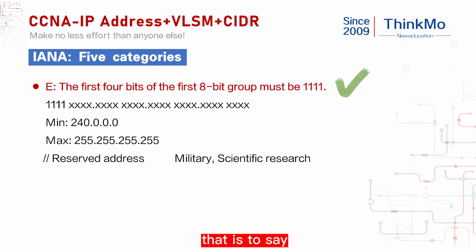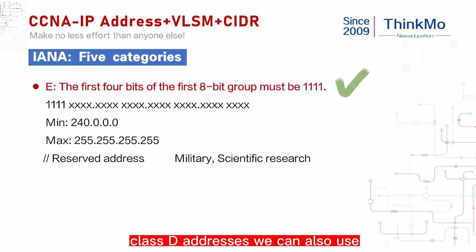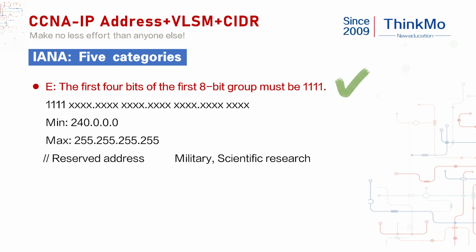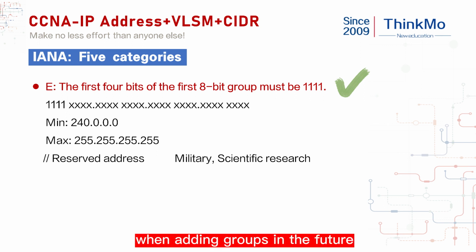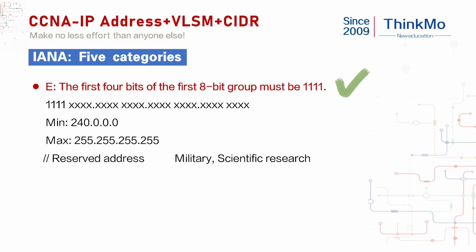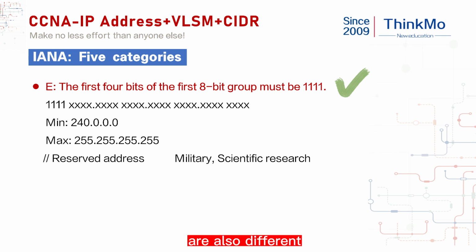That is to say, what can really be configured are those 3. Class D addresses we can also use, but it will involve some applications and protocols. When adding groups in the future, different protocols use different multicast addresses, and different applications also use different logical multicast addresses.